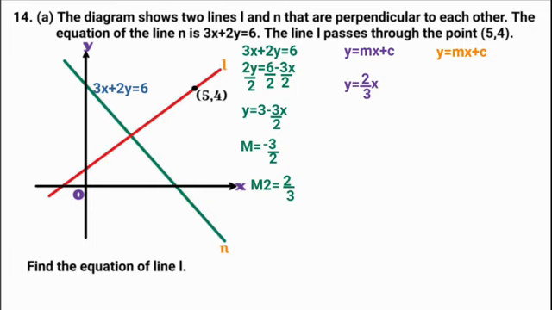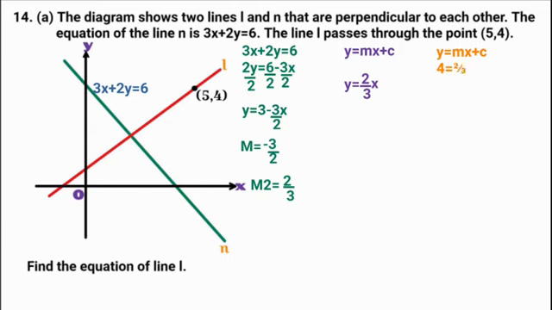We are given the coordinates of a point where the line is passing, and you can see it also in the statement. So what is the value of y? It's 4, so we write 4 is equal to the second gradient, 2 over 3, x.